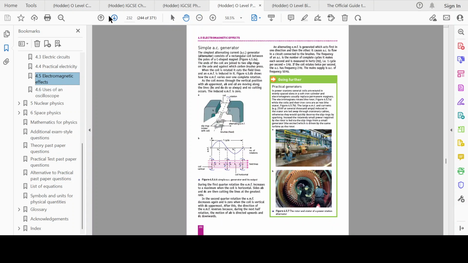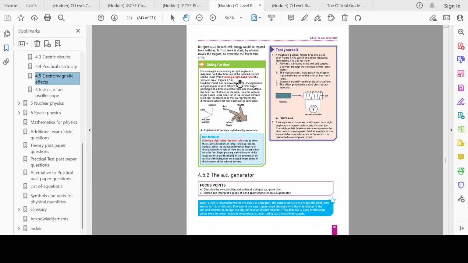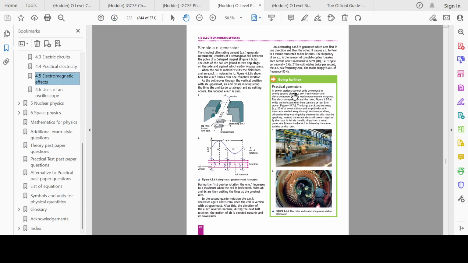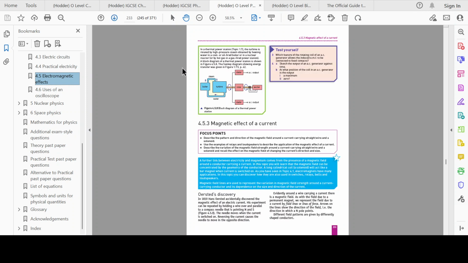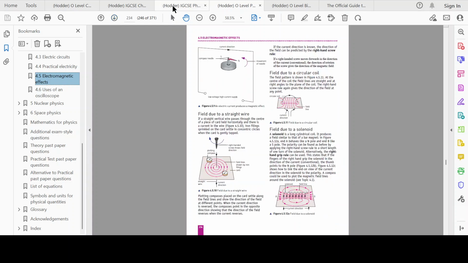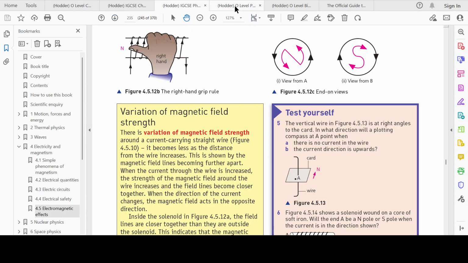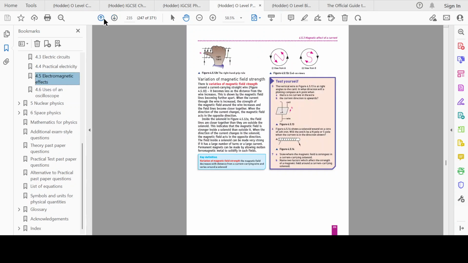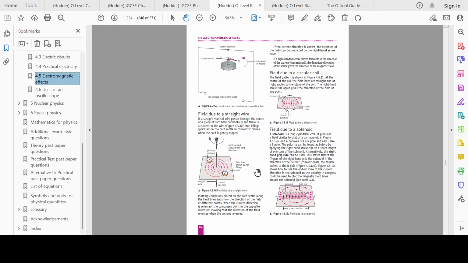Fleming's right hand rule is not in O level. Practical generators is not in O level. Magnetic effects of a current, though, is it in IGCSE? It is. All of this is in IGCSE. Okay. Thank God.